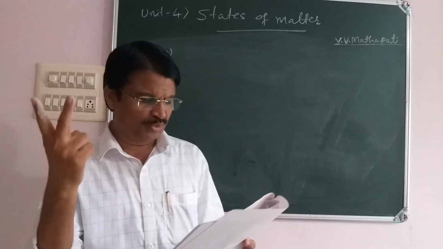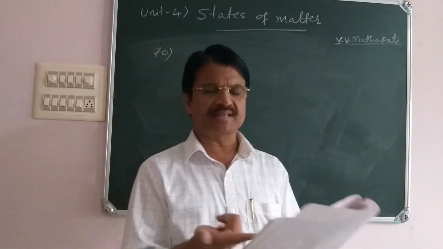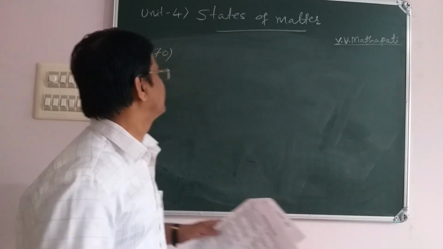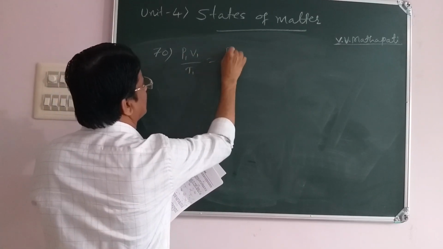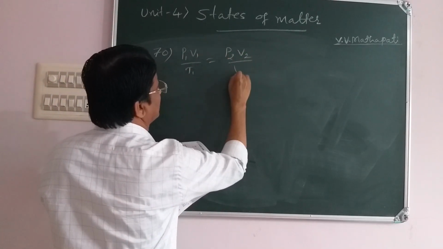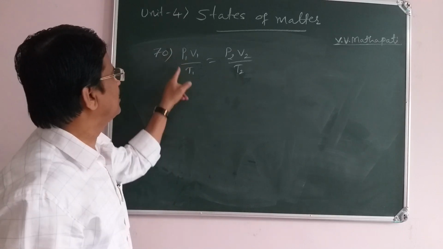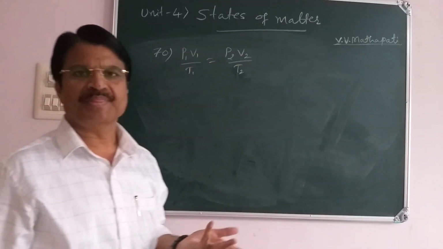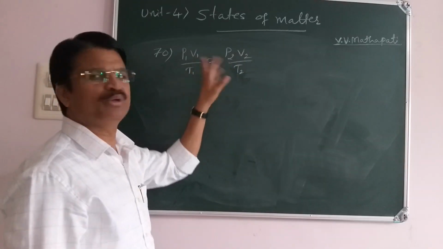Means they give two temperature, two pressure, and asking V. Therefore, again by combined gas equation we can write P1 V1 by T1 equal to P2 V2 by T2. Using this formula, P1, T1, P2, T2 are given, and relate these two, V2 and V1.